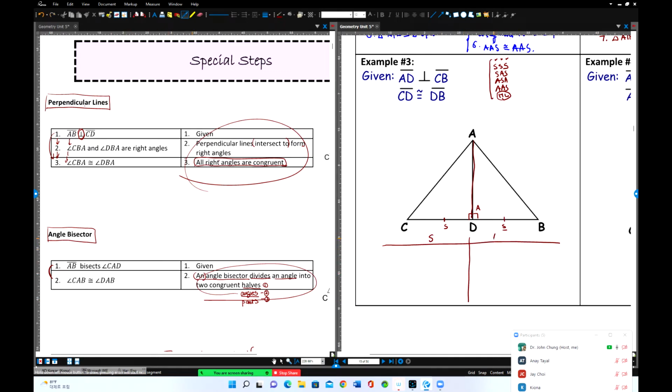Statements, reasons. Write down all the givens. Number 1, AD is perpendicular to CB. That's the given. Number 2, CD is congruent to DB, okay? This is given 2.